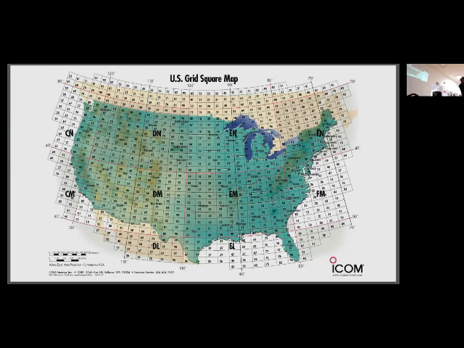It's kind of the same thing as latitude and longitude, but why don't we use that? They came up with this system because the military, yeah, this can actually define exactly where you are. Yeah, that's true.